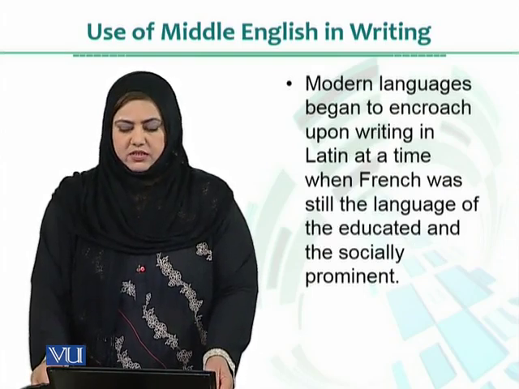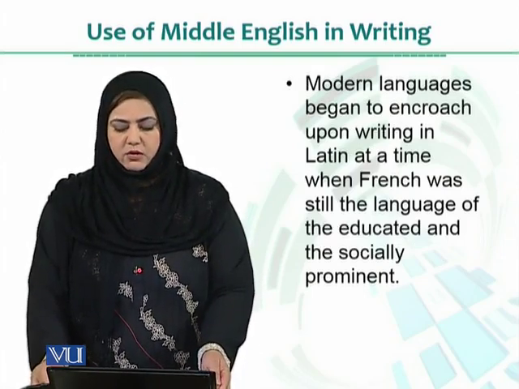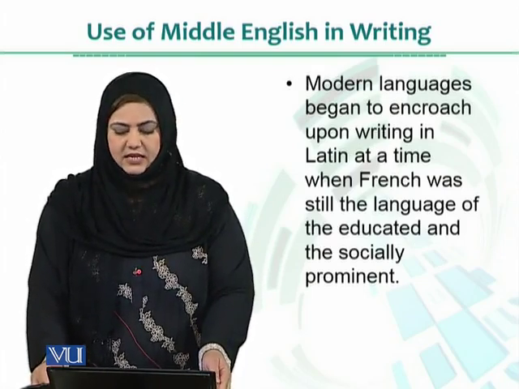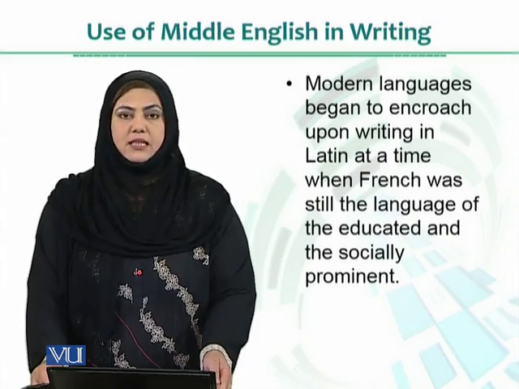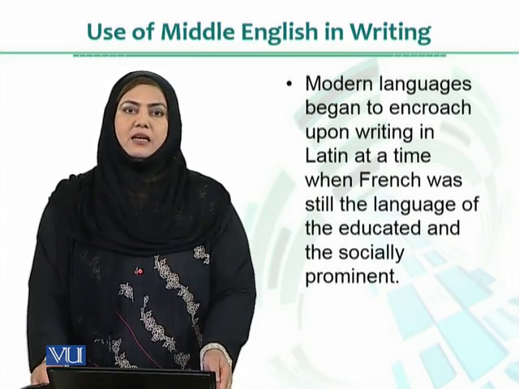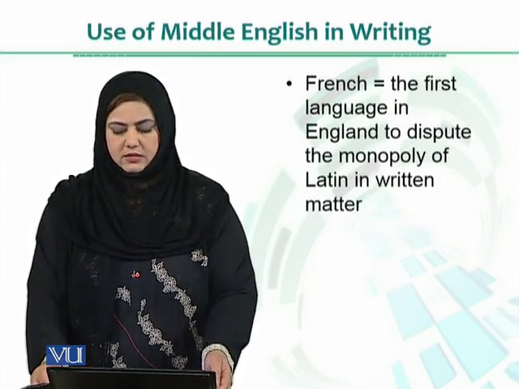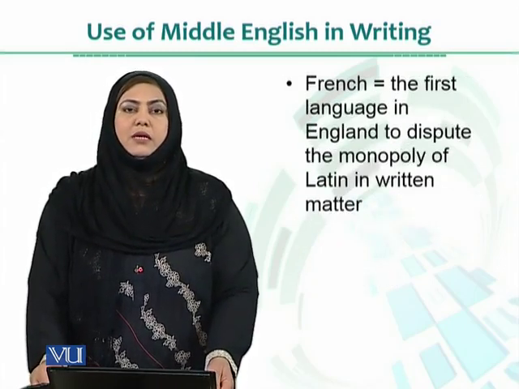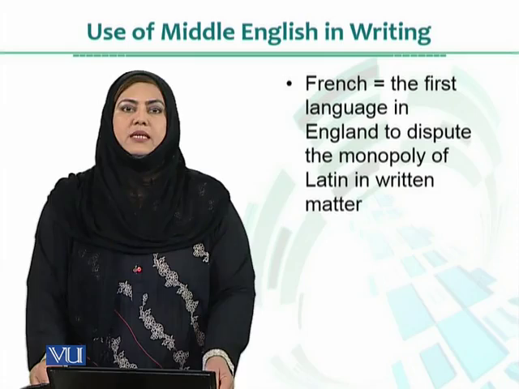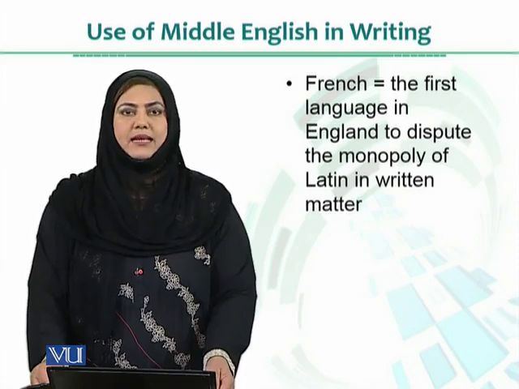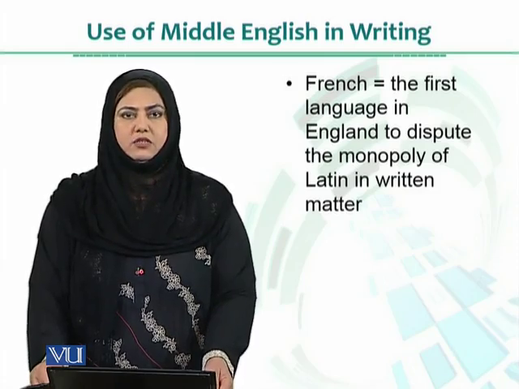Well, my dear students, modern languages began to encroach upon writing in Latin at a time when French was still the language of the educated class and of aristocracy. So, in England at that time, 3 languages were being used: Latin, French, and English.